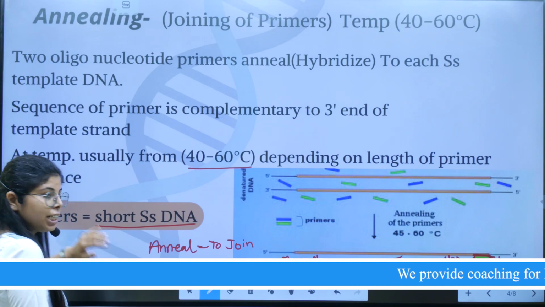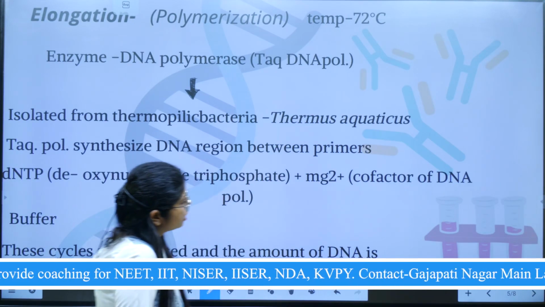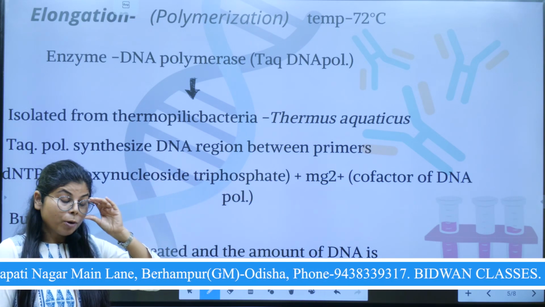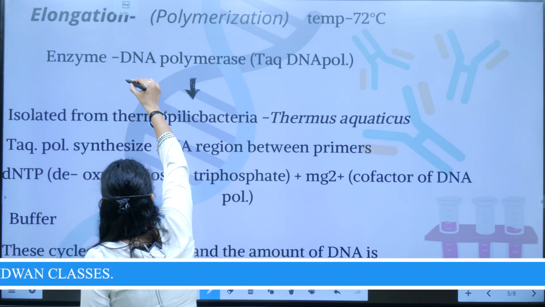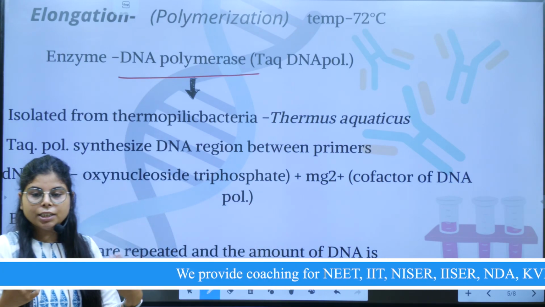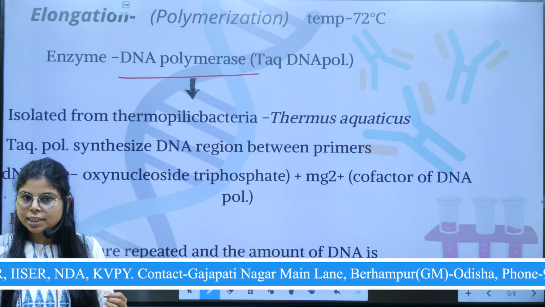So after this annealing of primer, the last step is to elongate, or polymerize, the strand of the DNA. This is done by the enzyme DNA polymerase, as we know that even in our body, DNA polymerase extends the strands.